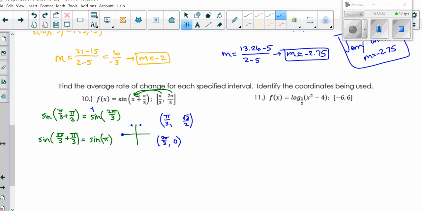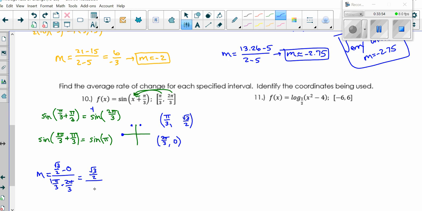So there we go. So then I can find my average rate of change by saying root 3 over 2 minus 0 divided by pi over 3 minus 2 pi over 3. So my numerator is root 3 over 2. The denominator, fortunately, they have a common denominator.